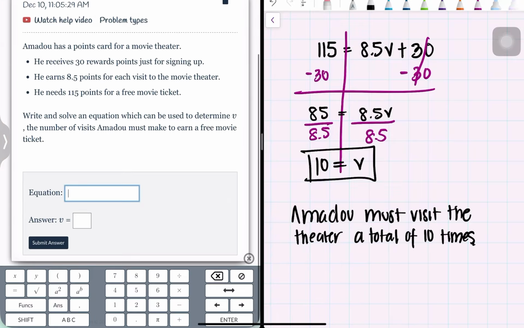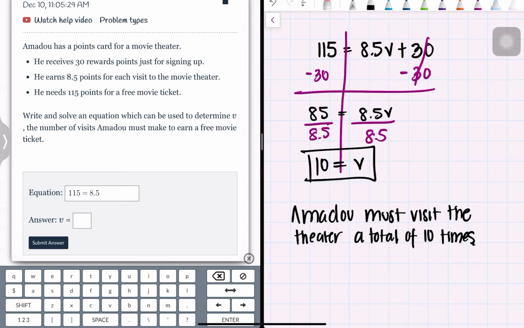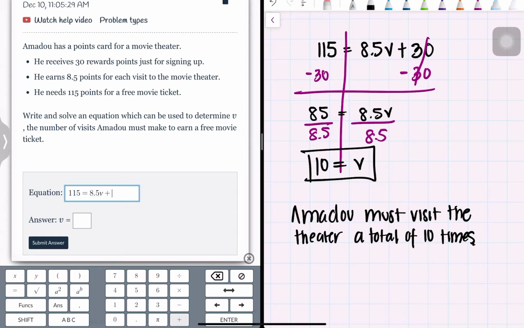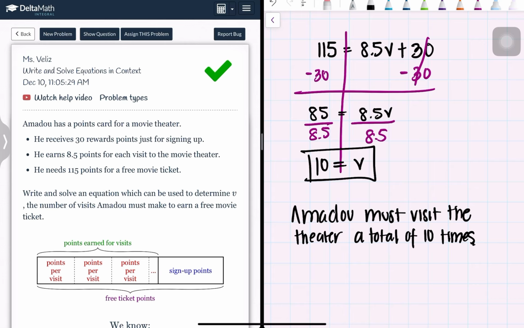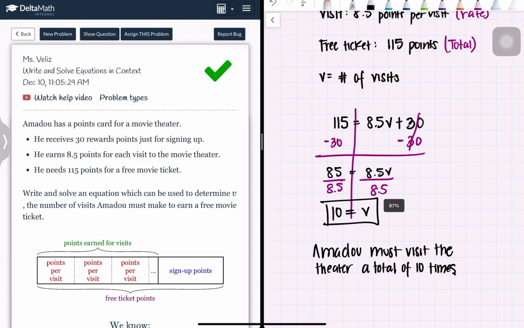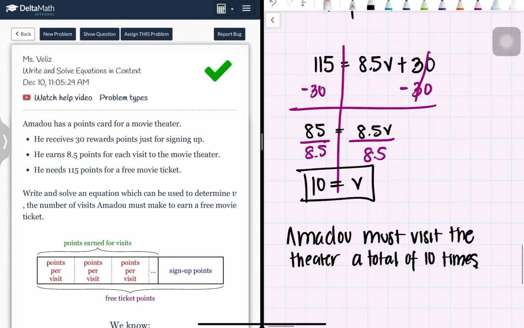So let's write our equation here: 115 is equal to 8.5 V plus 30. Our solution, guys, is 10. We got that correct. All right, hopefully this helps out, and make sure you guys do show your work. And by showing work, I mean this here. Thank you.